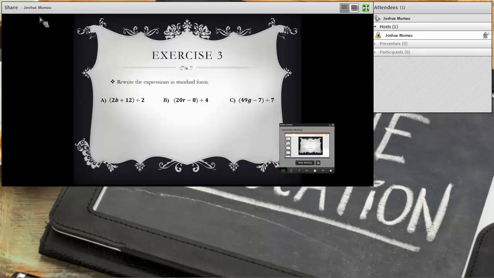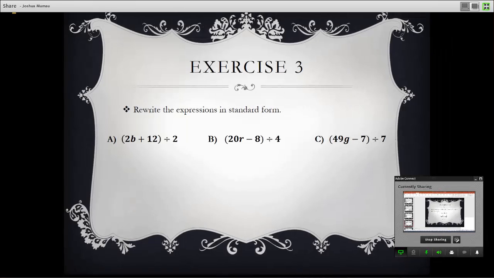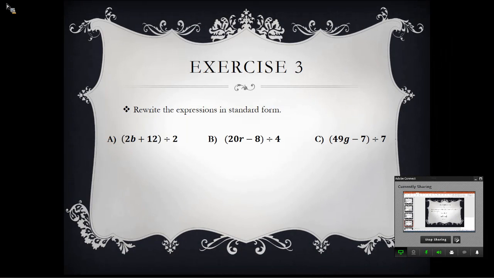Now let's move on to exercise 3. We want to rewrite the expressions in standard form. I highly encourage you to try to do these on your own by pausing the video before reviewing the answers. So for part A, we have 2b plus 12. We're going to divide that by 2. Well, first we want to rewrite it using multiplication and a fraction.